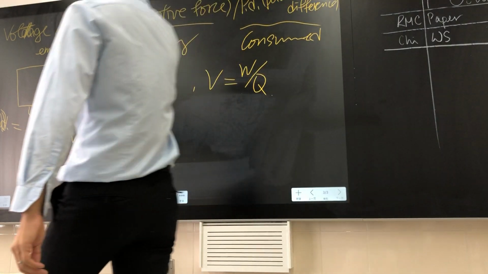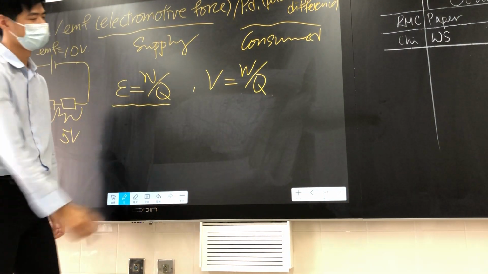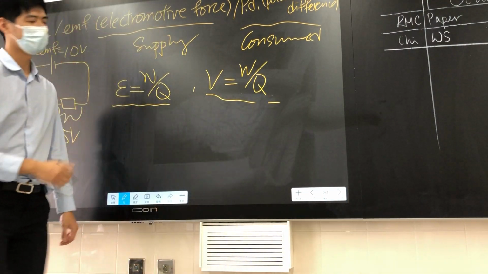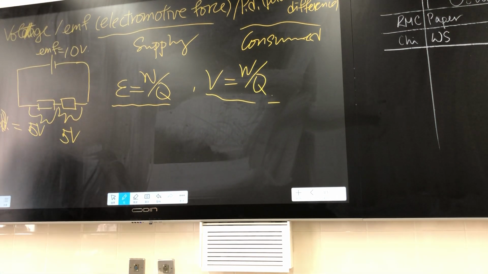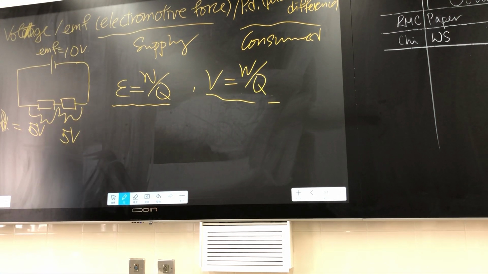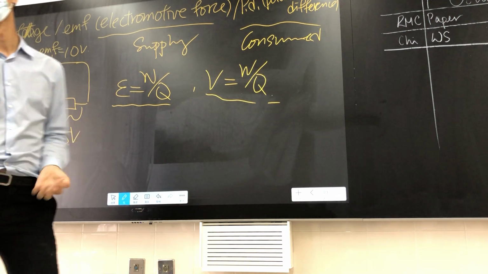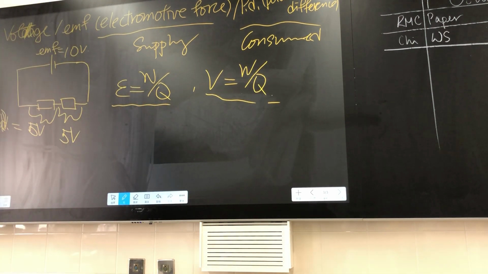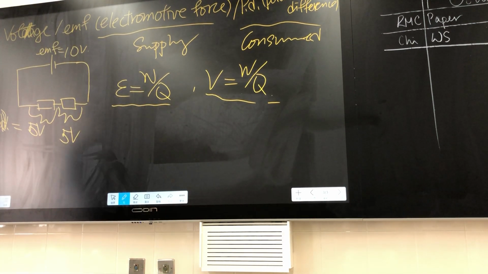Okay, so this one is for EMF, this one is for the voltage consumed. However, actually you can think that these two equations are equivalent, okay? So actually they have the similar meanings or even the same meanings.